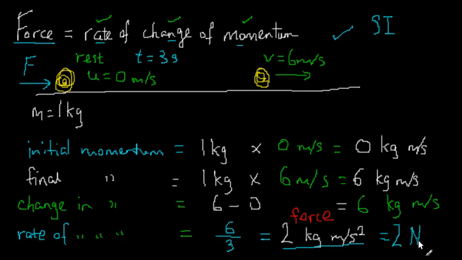N for Newton. So instead of carrying this bunch of kg meter per second squared around, we just call this whole bunch of units N. So N means the same as kg meter per second squared. And we say that in this example, the force is 2 newtons.